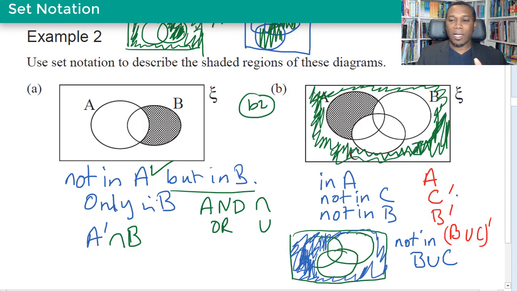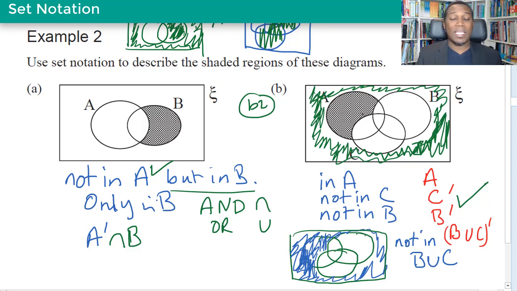But so I've dealt with this not by having to write C prime and B prime. We could just put B union C and B union C prime. You with me on that? That is the outside region, but we didn't want the extra bits. We're now restricting the B union C prime.